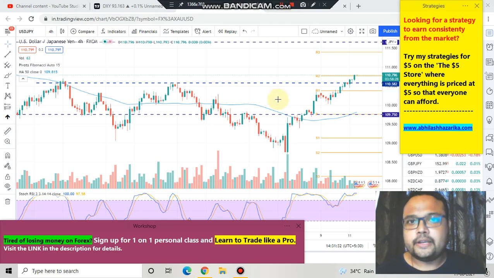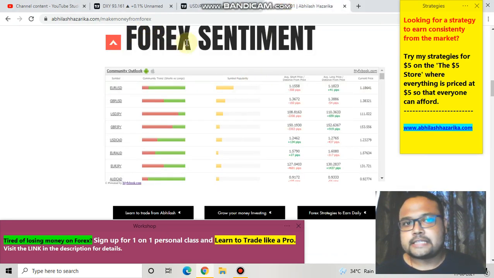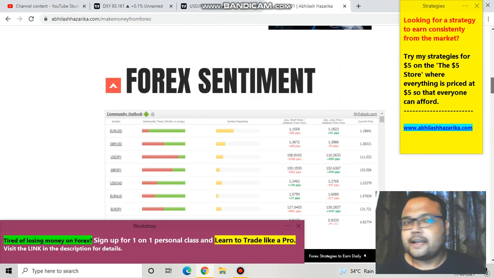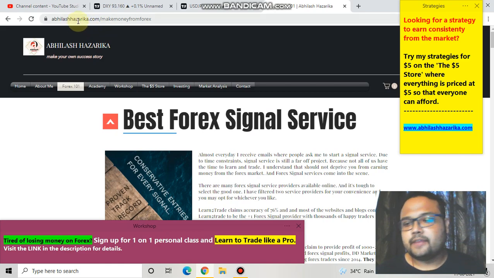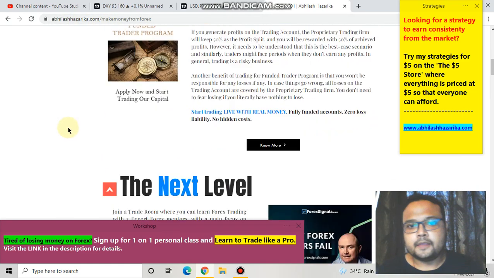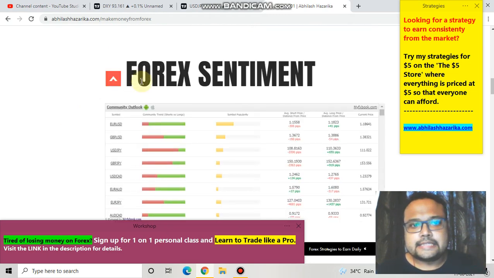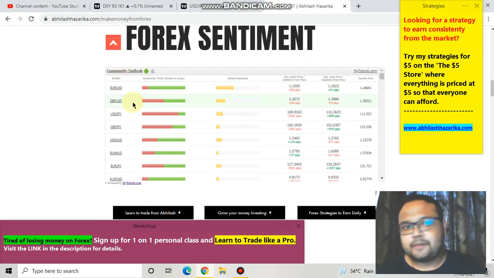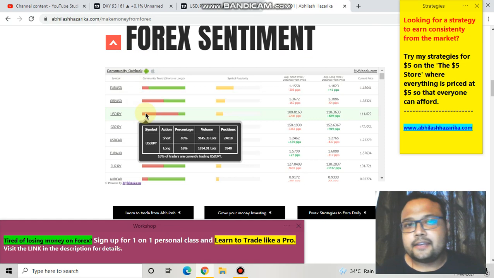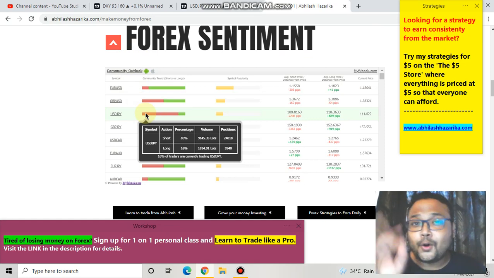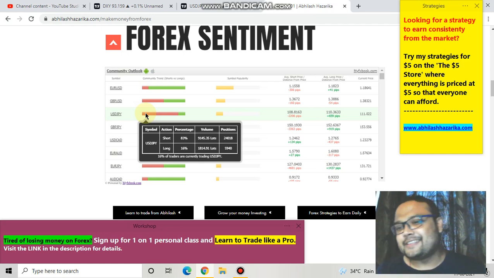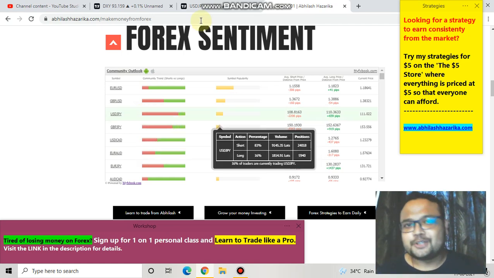To know what the retail traders are doing, we must go to the Forex sentiment meter. You'll find the Forex sentiment meter on my website avilashhazarika.com under the Forex 101 section. You can see that this is the Forex sentiment meter, and see, 83% retail traders have taken a short position and only 16% retail traders have taken a long position.